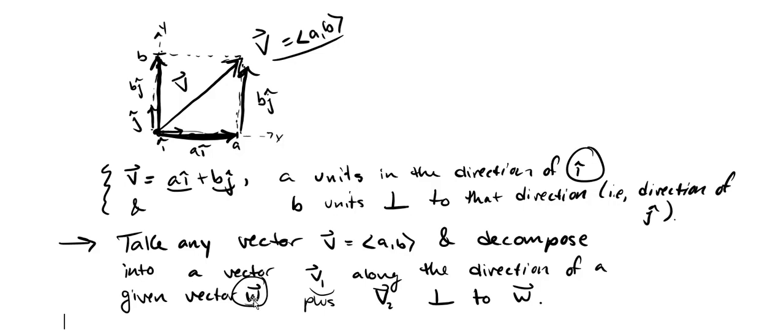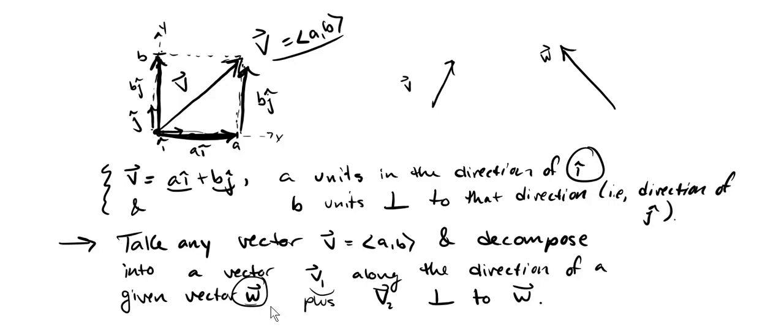But it doesn't have to be. We want to do this in a more general setting where it's not just the i and the j that we decompose into. We want to choose any direction. So given a v, maybe here's the direction of w I want to work with. I'm thinking of this as my w vector, this is my v vector.